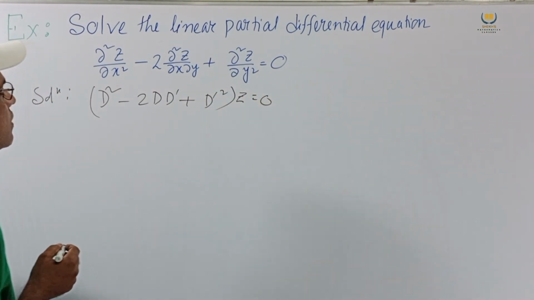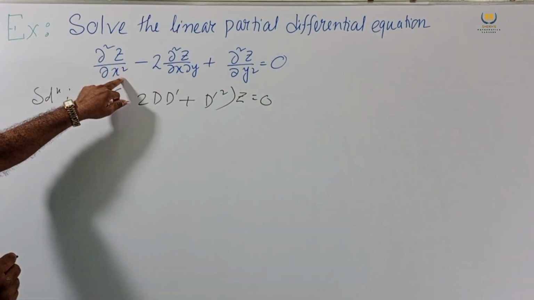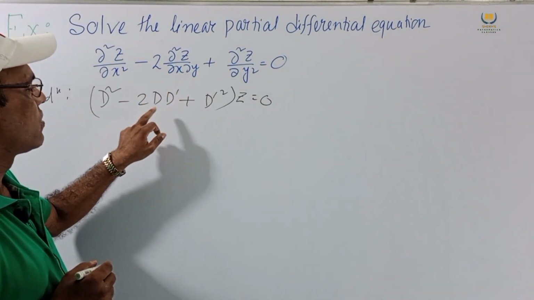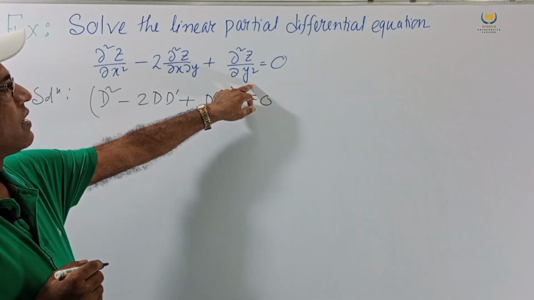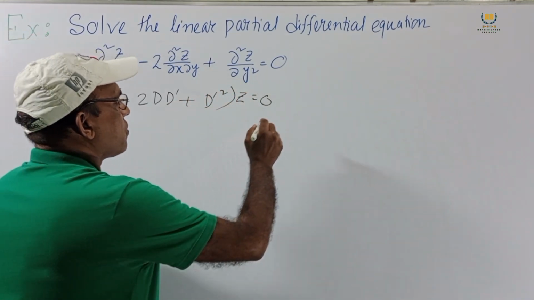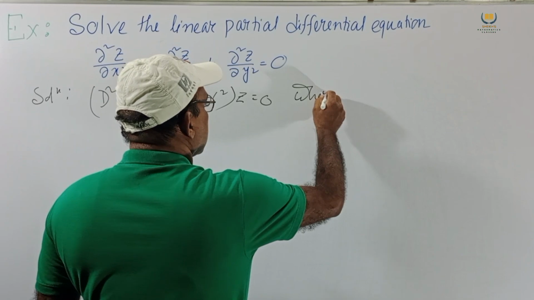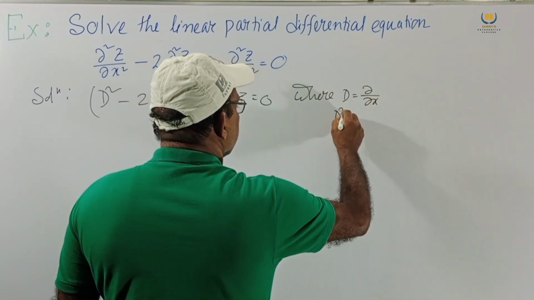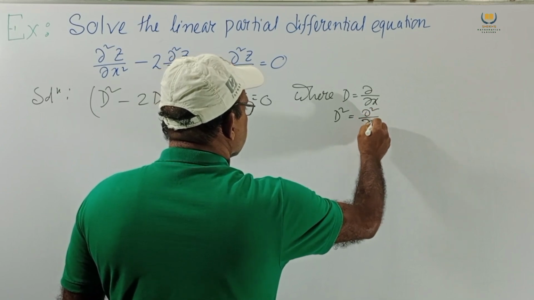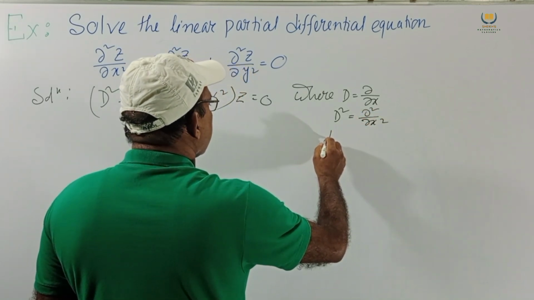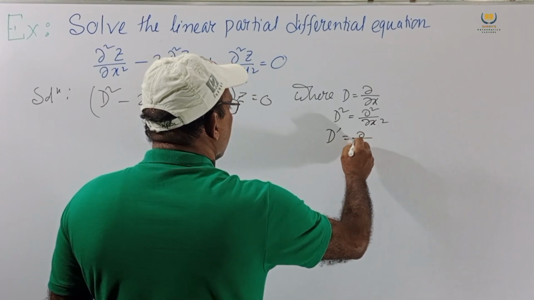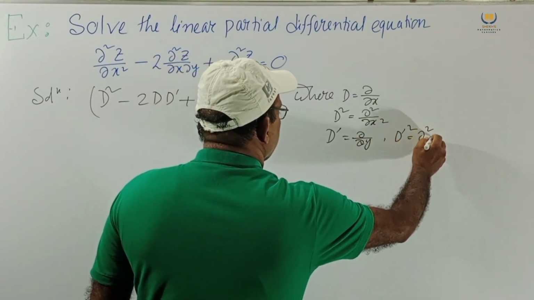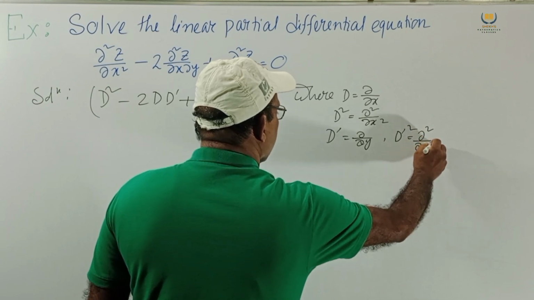Where capital D means del by del x and D square means del square by del x square, and D dash means del by del y, and D dash square means del square by del y square.